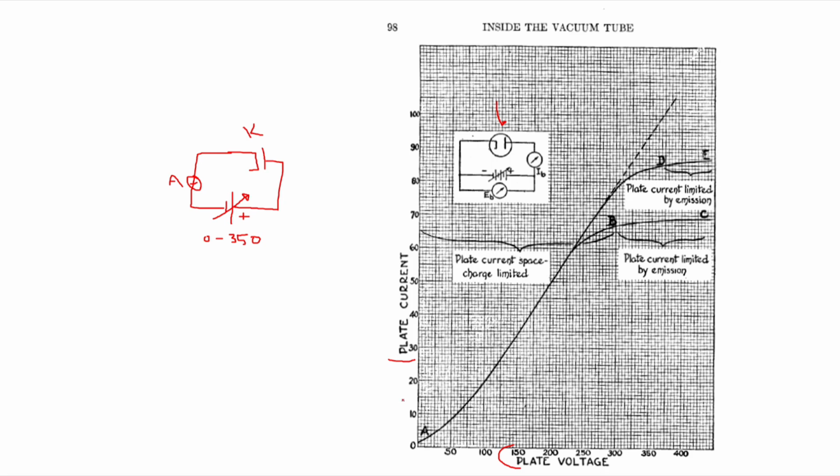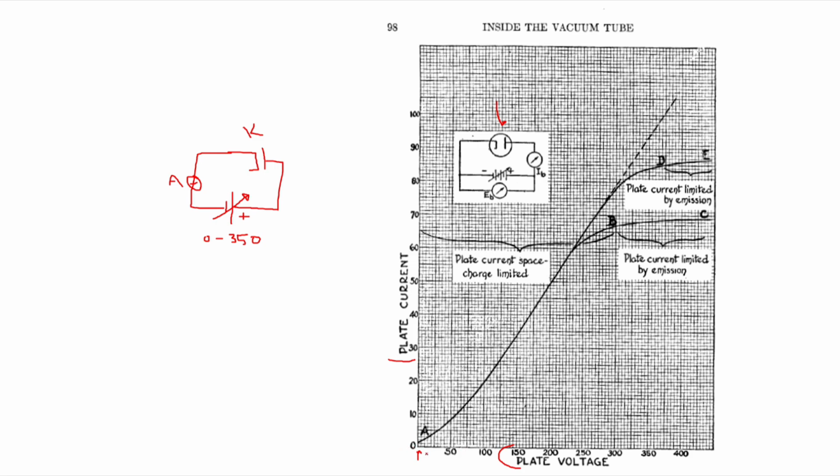And here's where I'm going to apply what we just talked about, Ohm's law. So when we're down at 0 volts, effectively, even though I mentioned before there's a very tiny amount of electron flow, it's insignificant and we ignore it. So effectively at 0 volts on plate voltage, we have 0 current.